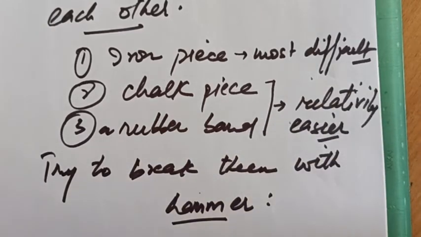Because energy is needed, we can conclude that the particles in matter are held by some attractive forces. And one thing more, the strength of these forces varies from one kind of matter to another. Okay, clear? And this is all about the characteristics of matter.